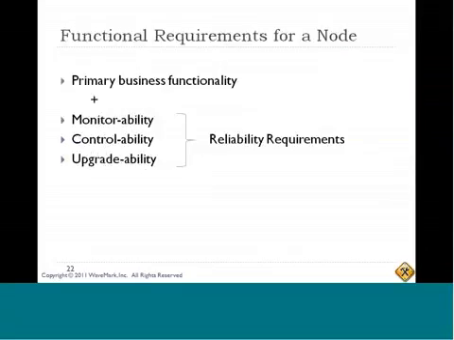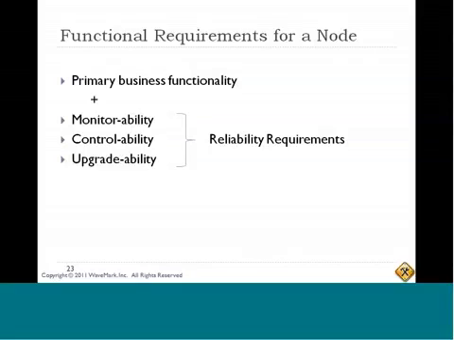So first, let's focus on the node, and then we'll move to the network. The functional requirements of a node are as follows. First, it has to achieve its primary business functionality, be it read RFID tags or read transactions or read inventory, whatever that is. But in addition to that, from a reliability point of view, a node has to do three things.